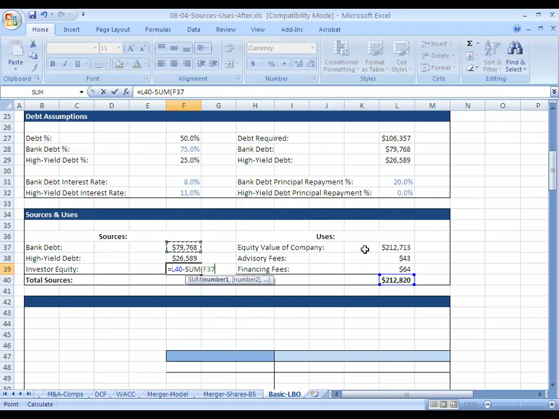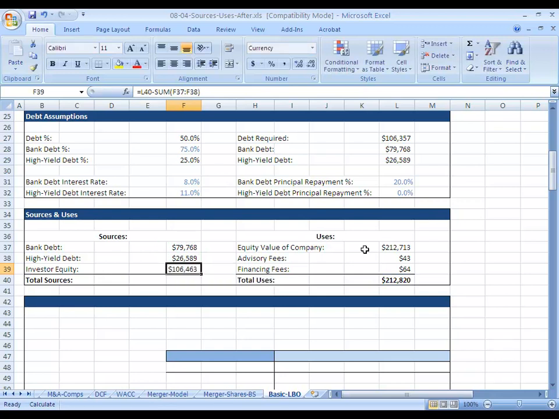So in this case, we have these two tranches of debt. If we had other forms of financing, so if we had preferred stock, convertible bonds, or other types of financing, we would subtract those as well when making this calculation. So we're taking our total uses, the amount of money that's required, and then subtracting how much we have so far to figure out how much these investors are actually contributing in cash toward buying this company.